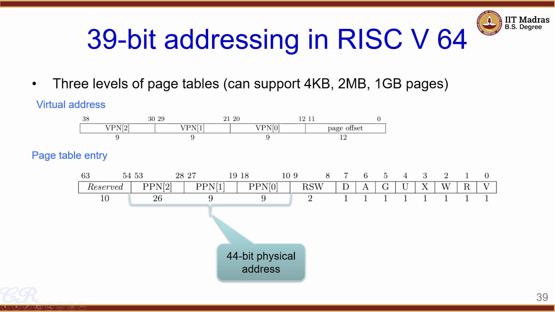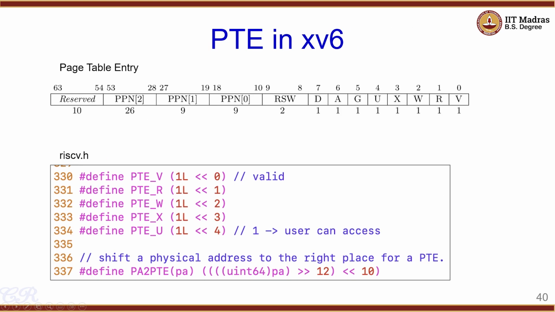In a very similar way, the operating system has code to configure the page table entry. In XV6, in the RISCV.h file, you have this macro called PA2PTE, which is essentially the page table entry for a physical address.